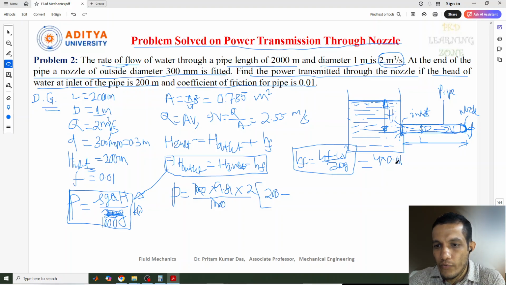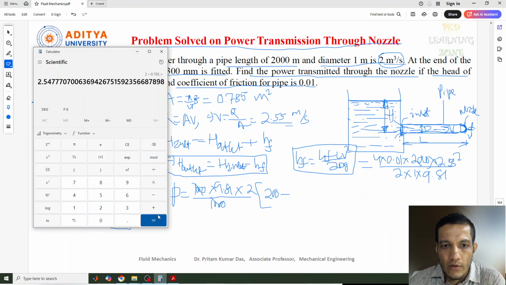So we'll solve it here and directly put the value there. So this is 4f, 0.01, and into L value 2000, and velocity value 2.5455 we got, 2.55 square divided by 2 into d, diameter 1, and this is 9.81. So let's solve this.